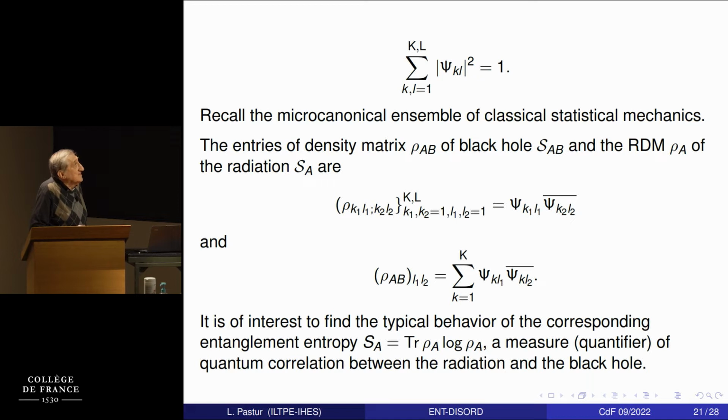By the way, excuse me, it's a mistake. B shouldn't be here, because according to our notations, rho AB is the whole system. If I trace out the degrees of freedom of B, being interested only in A, I have to make a partial trace with respect to the system which I am not going to consider.